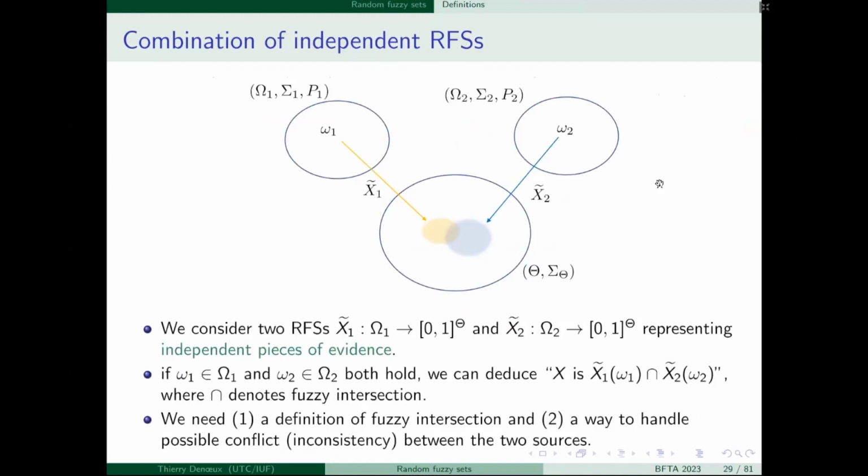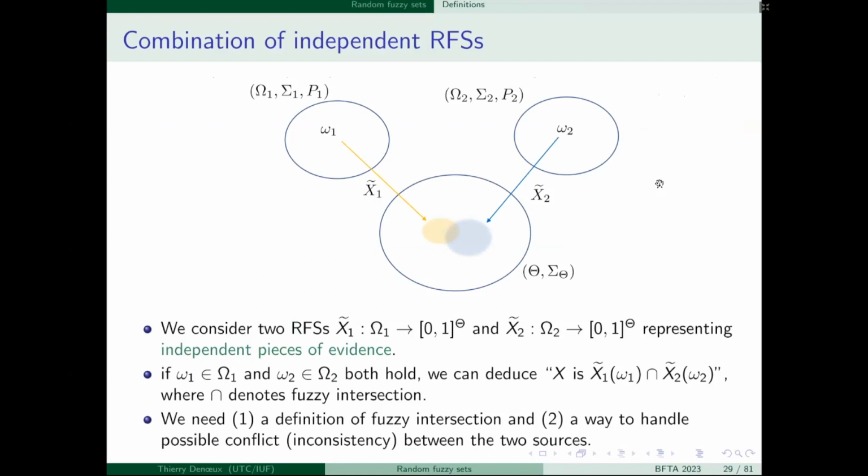Now assume that we have two independent random fuzzy sets. So we have two mappings like this, x1 tilde, x2 tilde. If both omega 1 in capital omega 1 and omega 2 in capital omega 2 hold, then a quantity x is constrained by x1 tilde of omega 1 and x2 tilde of omega 2.